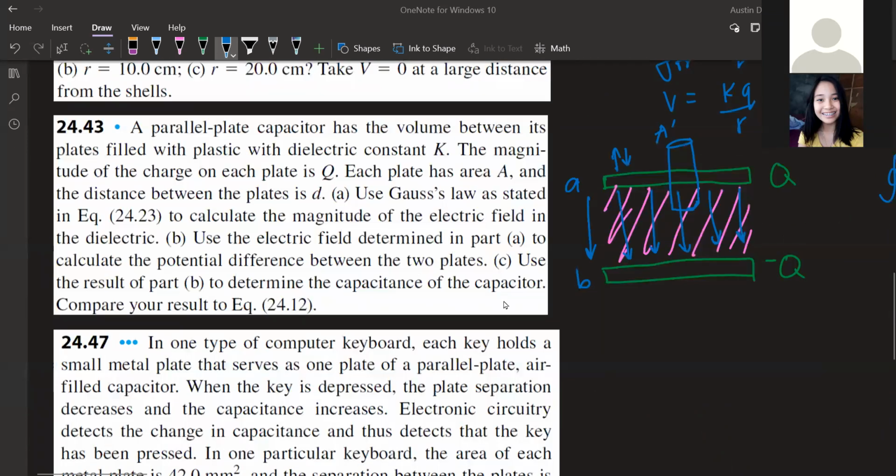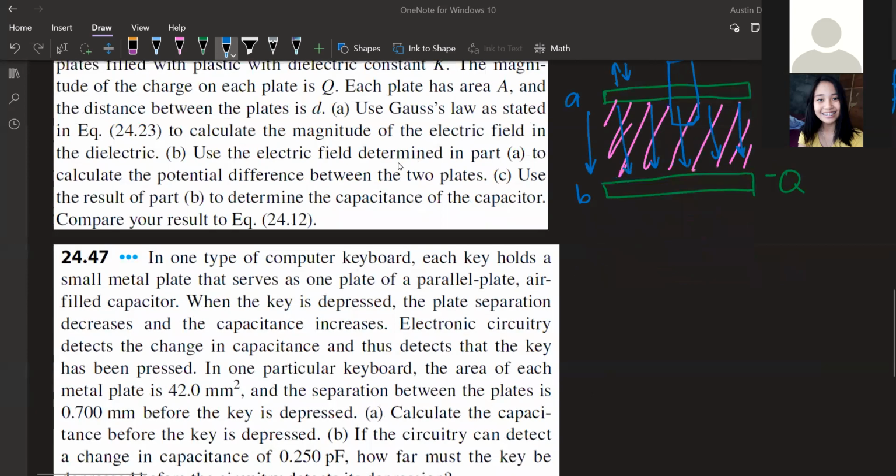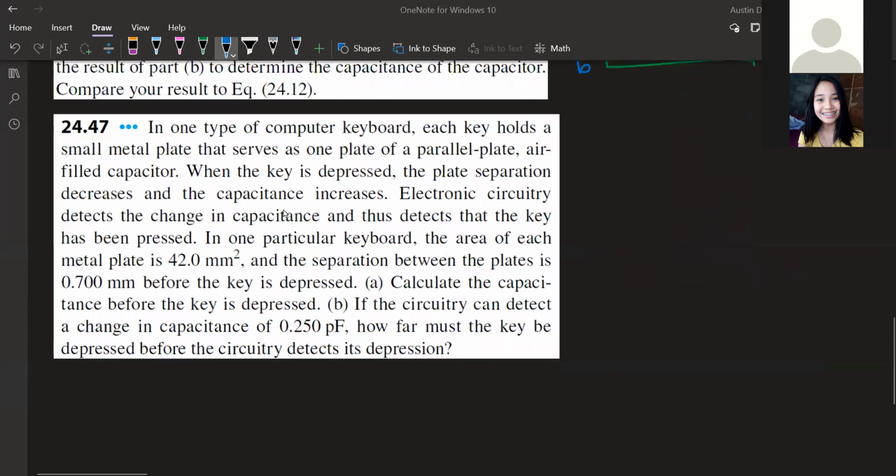Okay. So lastly, ang cute ng example na to. Sa mga keyboard natin, merong mga small metal plates na nagiging parallel plates sila. So kapag pinipindot mo yung key, yung plate separation bababa, therefore the capacitance would increase.